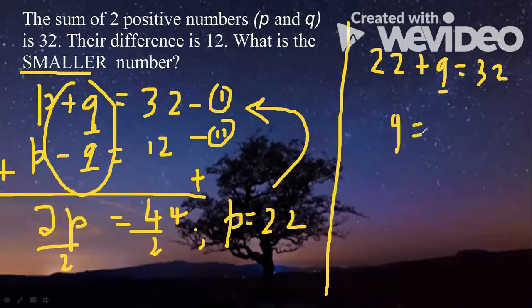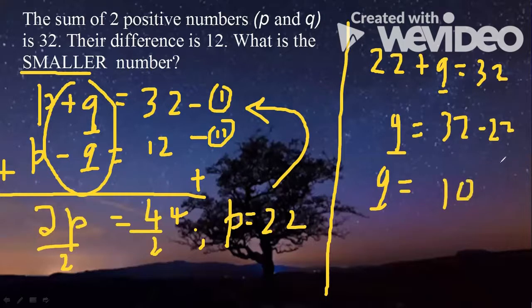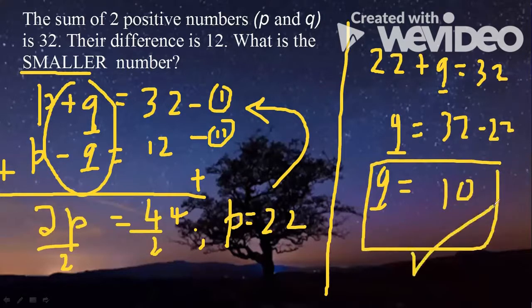So Q is equal to 32 minus 22. Q is equal to 10. So this would be the smaller number.